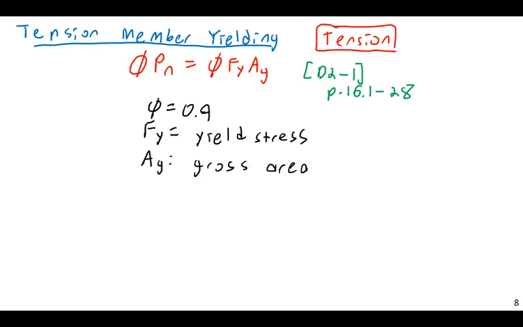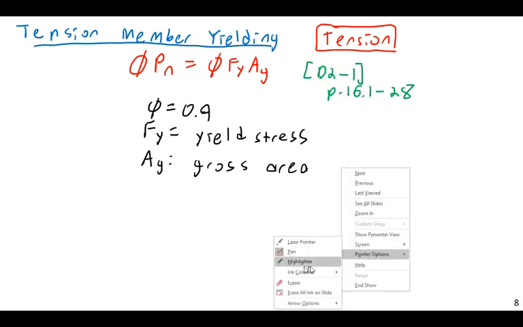So if we're looking at yielding, we're saying the entire cross-section of our tension member is going to be yielding. So there's that. Now, where do you find this stuff though? Where do you find your yield stress? Now, you could Google it or something, but, questions?